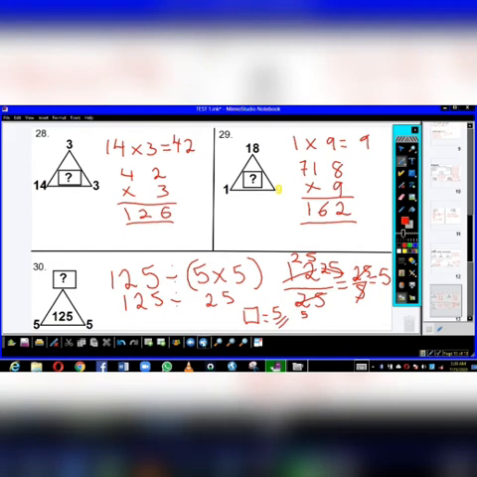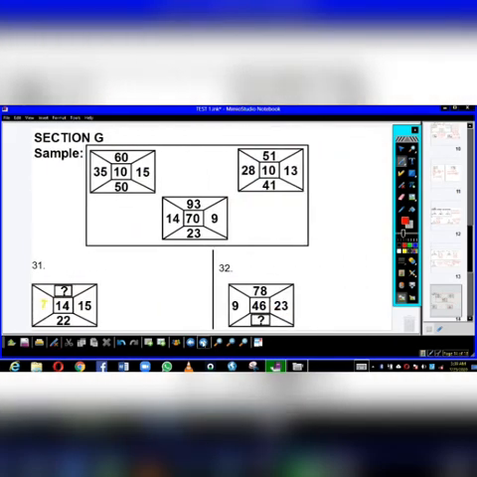Now let's proceed to section G. In this section G, here I would like to explain the sample before we proceed. 35 plus 15 is equal to 15. 60 minus 15 is equal to 10.